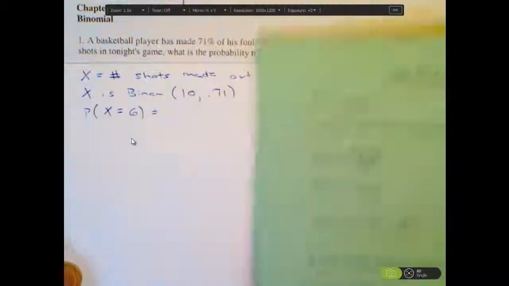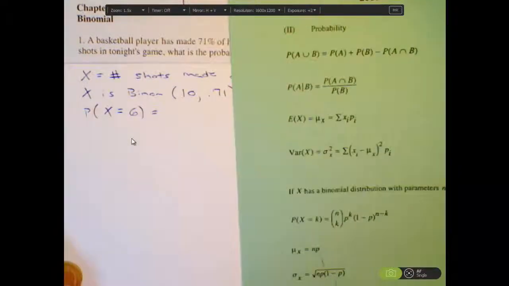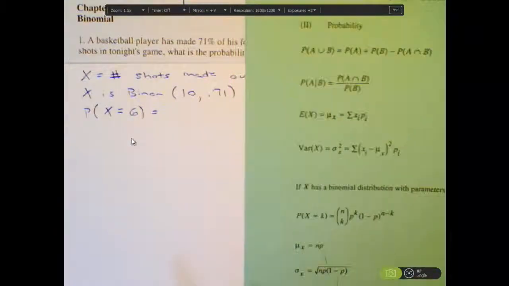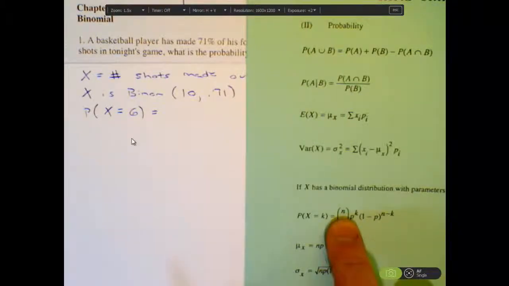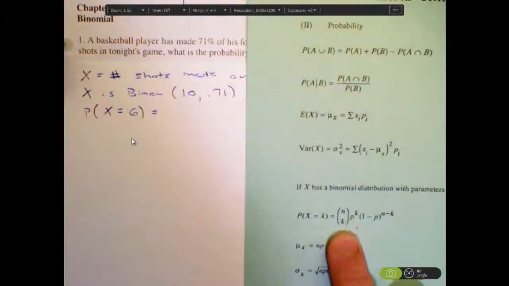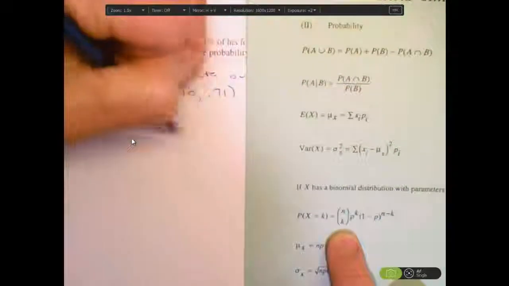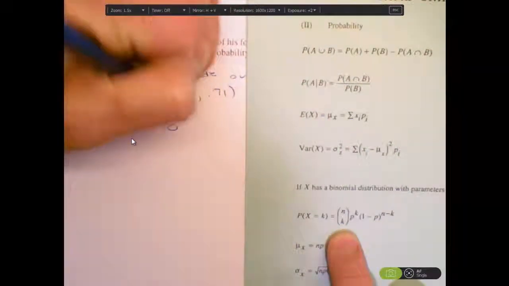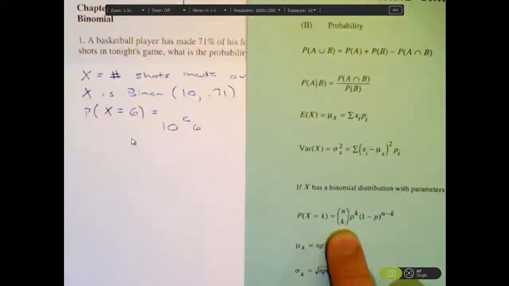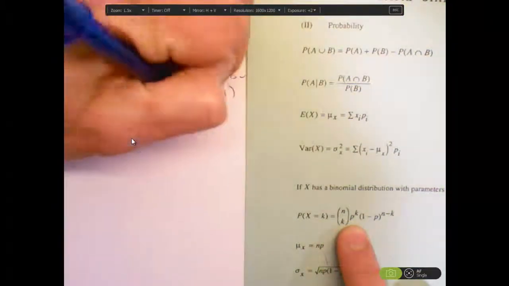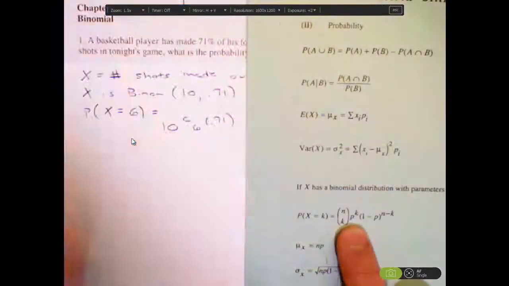Okay, so kind of referencing this formula here, it's n, that was my parameter, the number of trials, choose k, so it's 10 choose 6. I just said there's 6 successes. P was my probability of success. That was 0.71 to the k.